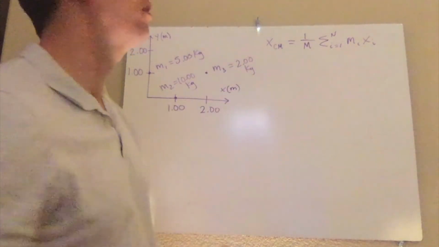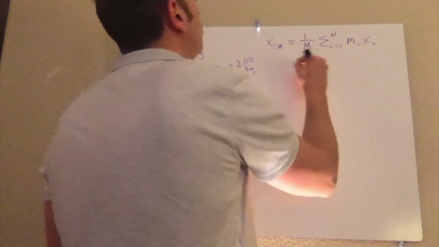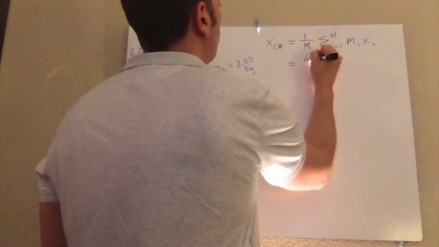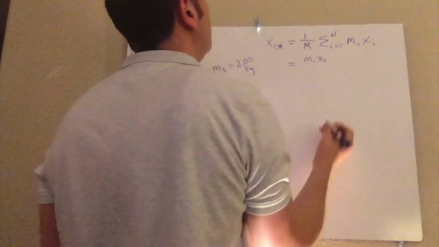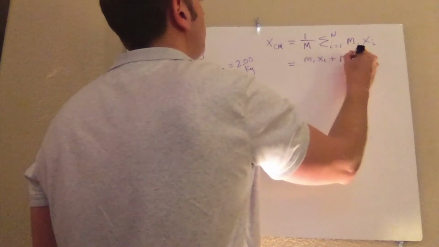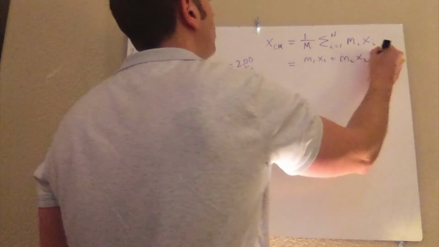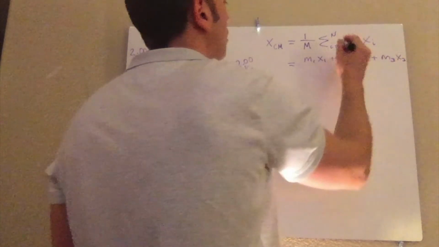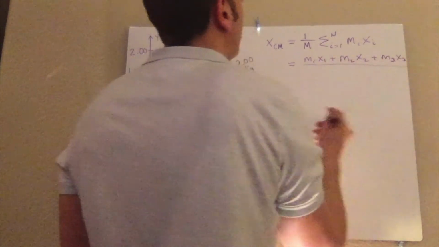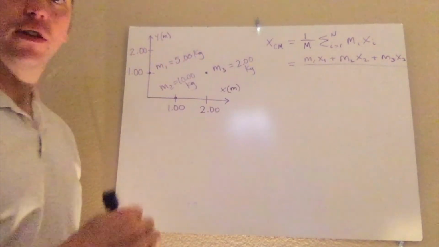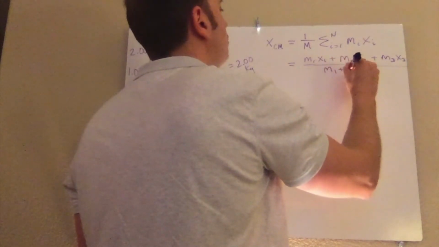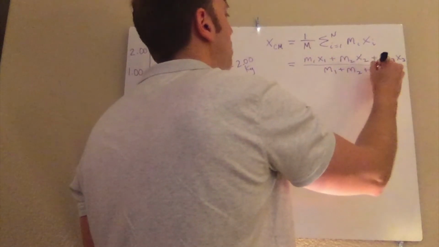That's how many different particles we have. So it's not really that big of a sum in this case. We're just doing m1 x1 plus m2 x2 plus m3 x3. That's what goes into that sum there. Now, big M represents the total mass of all the particles, which would just be m1 plus m2 plus m3.